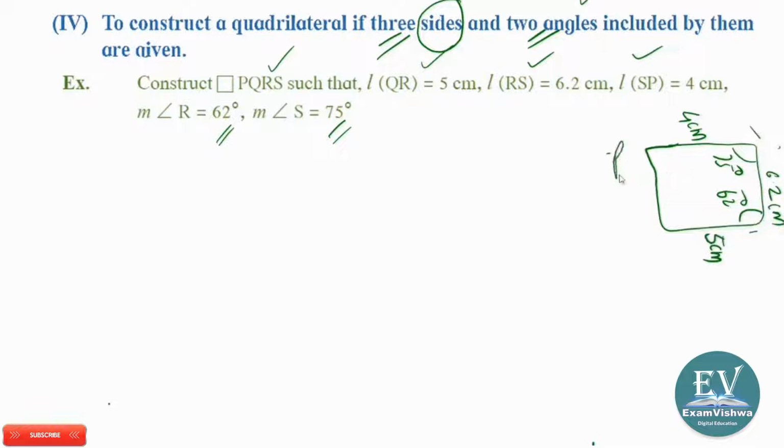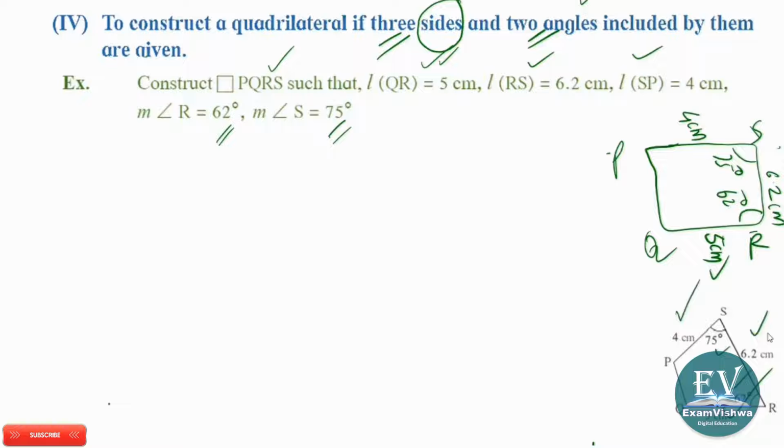QR is 5 cm, RS is 6.2 and SP is 4 cm. It's the same. The textual rough diagram is also matching with it, no problem. So we can go ahead with construction.